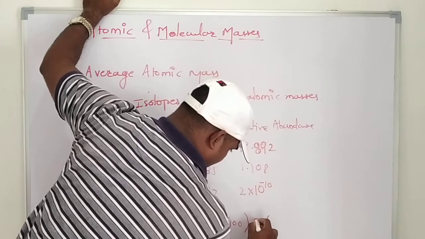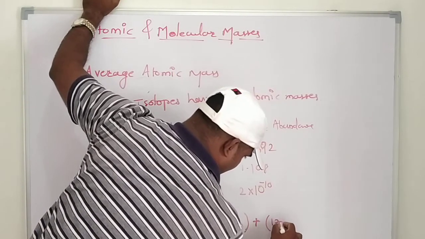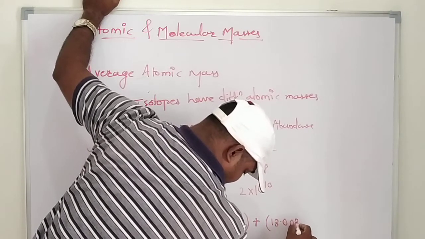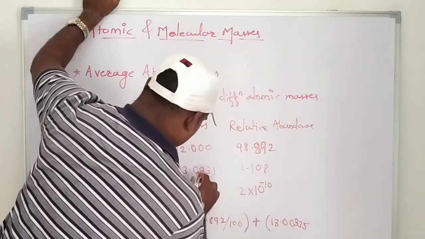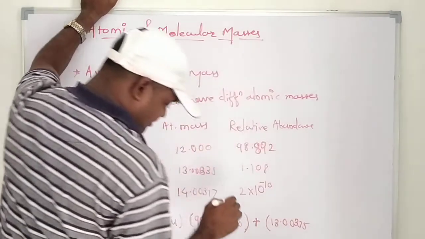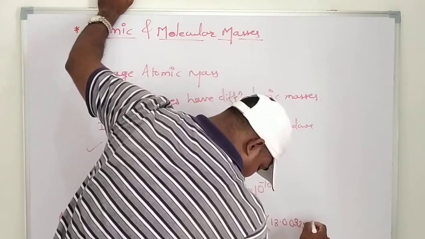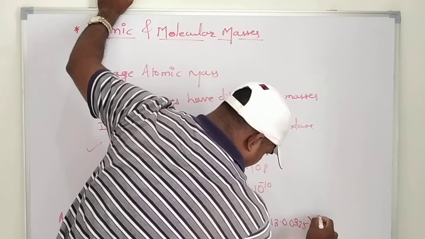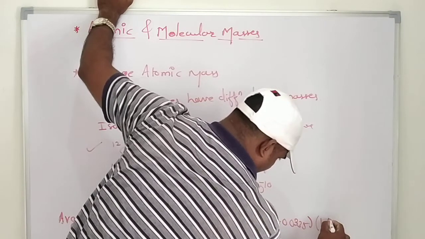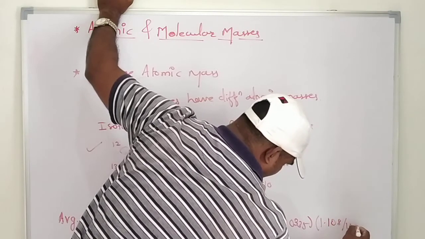again like that you have to take it for carbon-13: 13.00335 into its corresponding relative abundance 1.108 divided by 100.